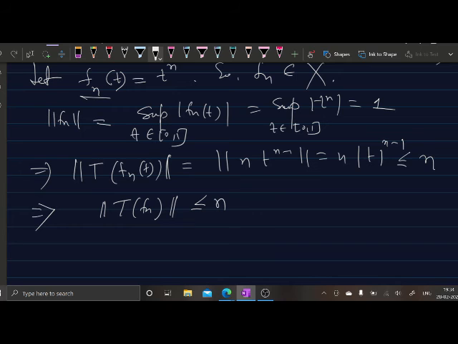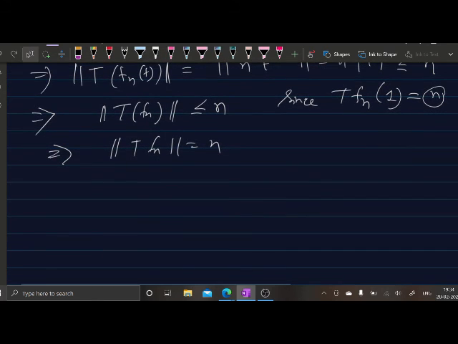Now what is T f_n of 1? This is n, right? So at some point it assumes the value n. Therefore the norm must be equal to n. So norm of T f_n is n.